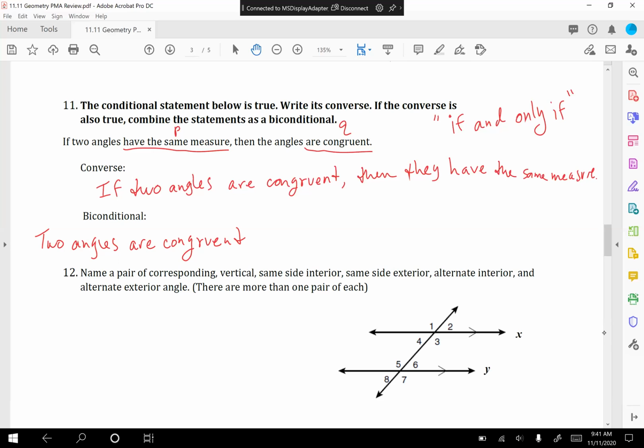And then instead of the word then, you put that if and only if. So two angles are congruent if and only if they have the same measure. Okay.